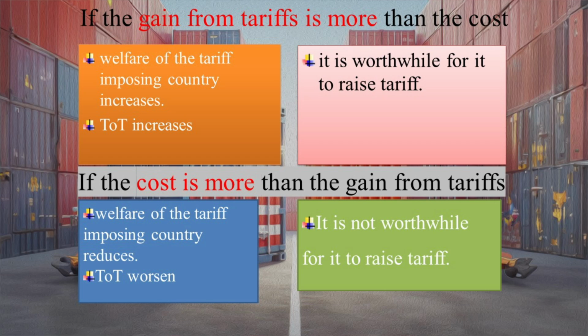But if the cost is more than the gain from tariff, the welfare of the tariff imposing country reduces and terms of trade worsen. So it is not worthwhile for it to raise the tariff.